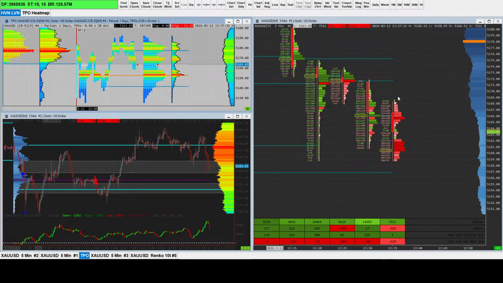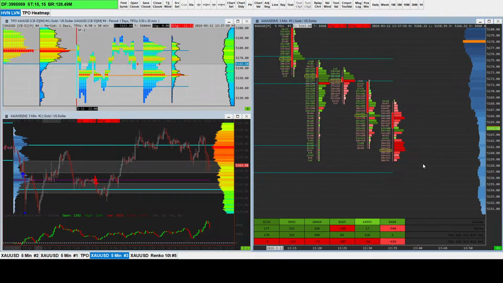Come on, can we close above all of this chaos? 68, 58, 10 handle.